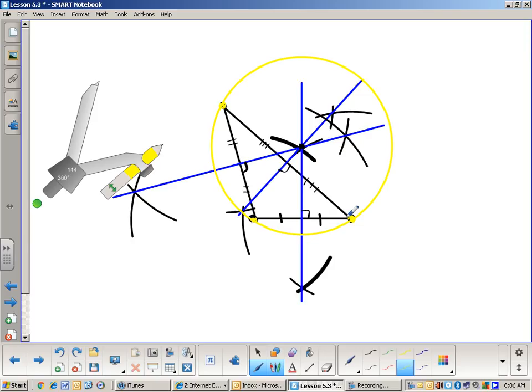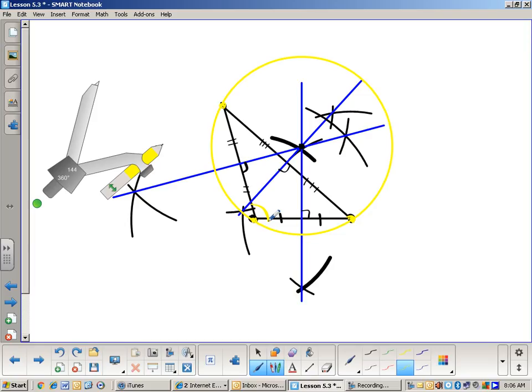So that circle is circumscribed about, and that's what they mean by circumscribed. It goes around that triangle through all three points. Okay? This is an obtuse triangle.